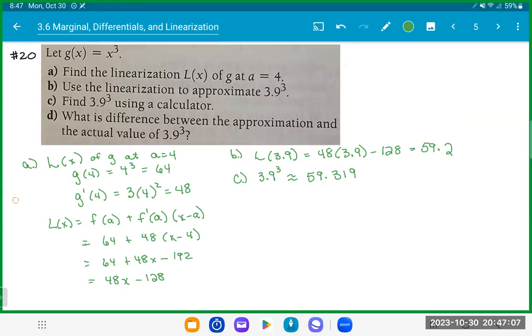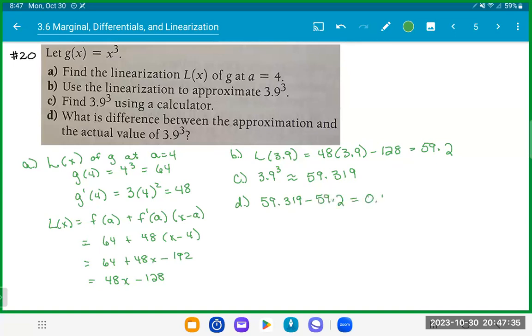Okay. So the last step then is part D. It wants to know what's the difference between the approximation and the actual value. Actually, we want to know the difference between our actual and the approximation. So it's 59.319 minus 59.2.